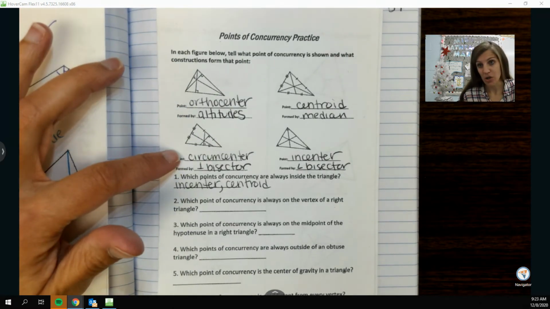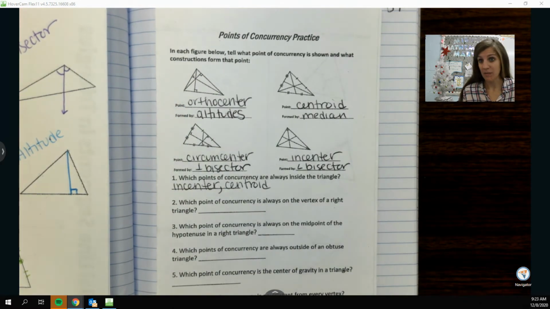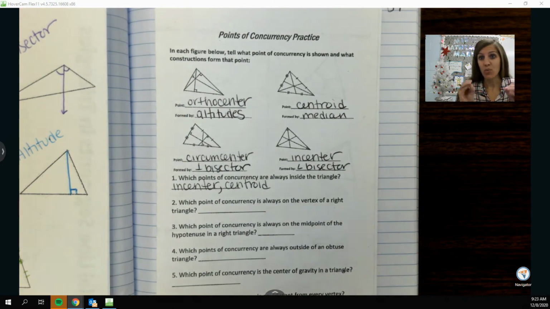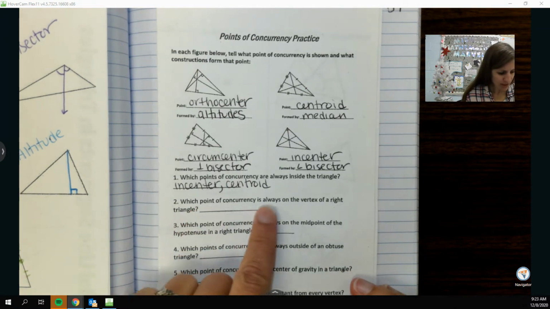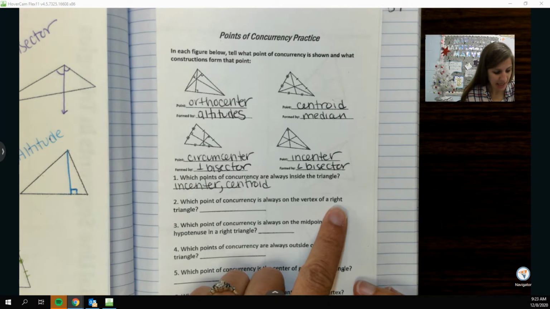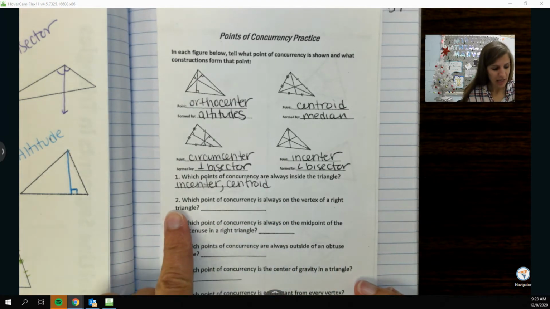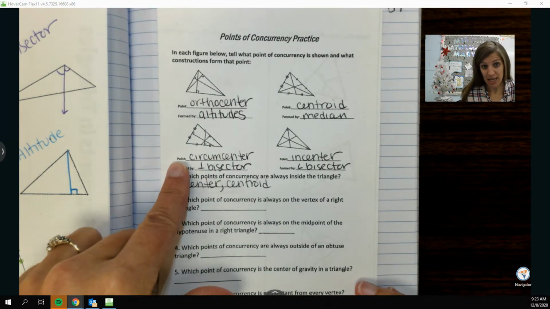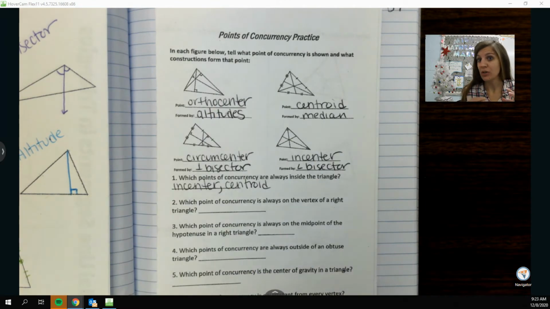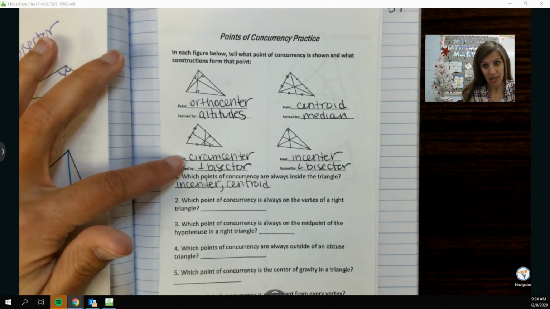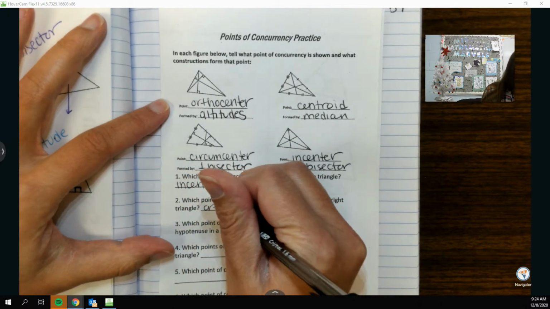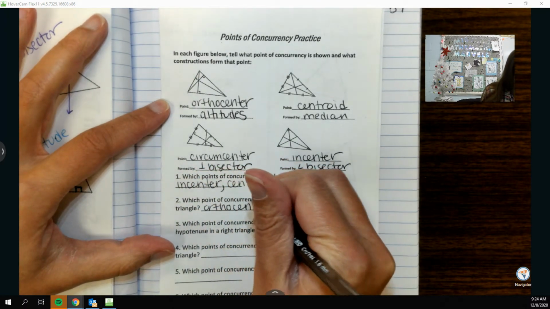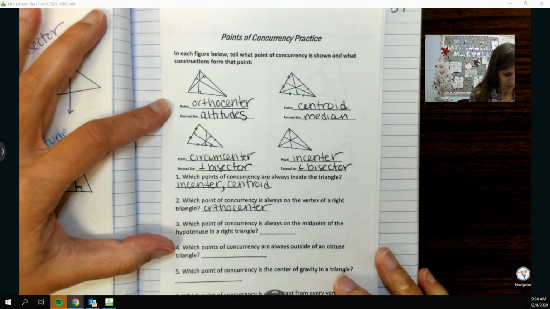Sometimes the orthocenter and circumcenter can be outside if it's obtuse, or right on the triangle if it's a right triangle. Which point of concurrency is always on the vertex of a right triangle? So I just said that the circumcenter and orthocenter could be right on the triangle if it's right. Now the circumcenter ends up on the hypotenuse. The orthocenter will be on the right angle.